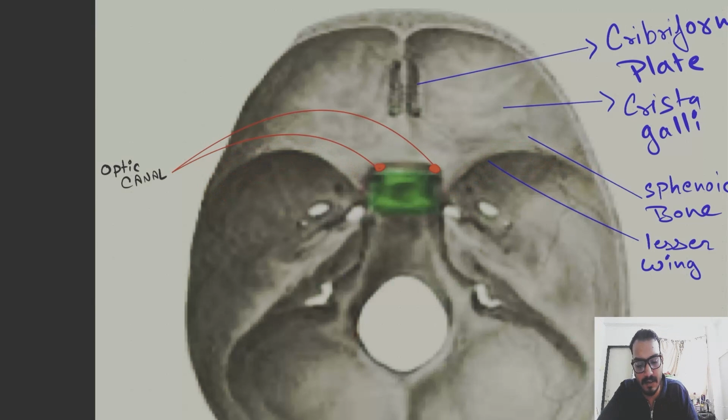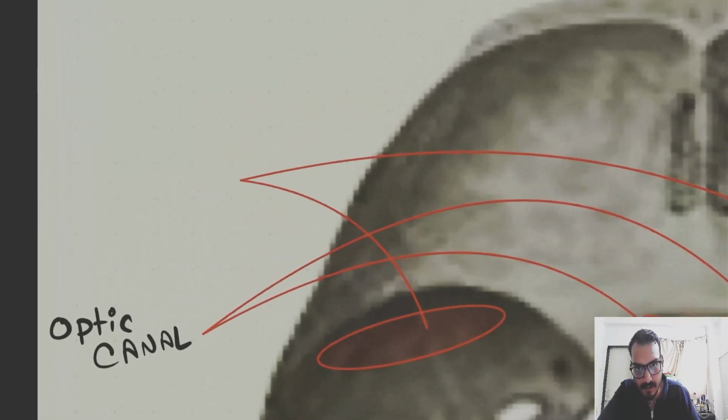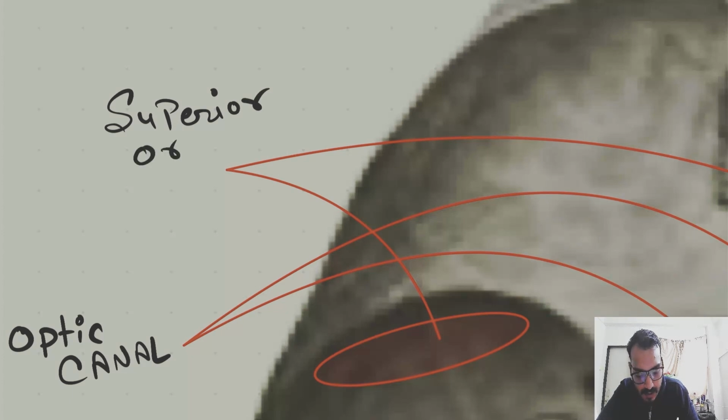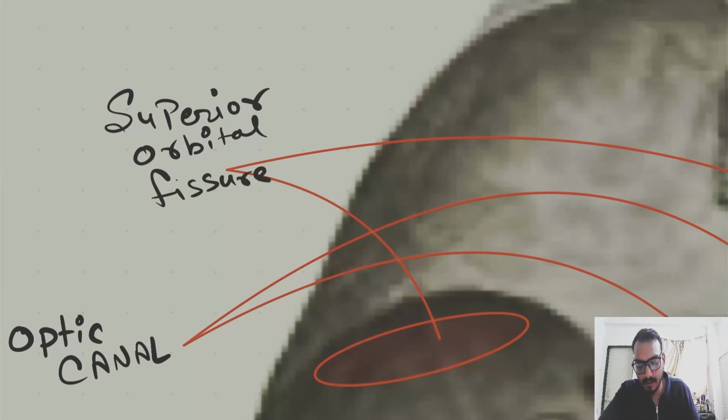This hole is known as superior orbital fissure.